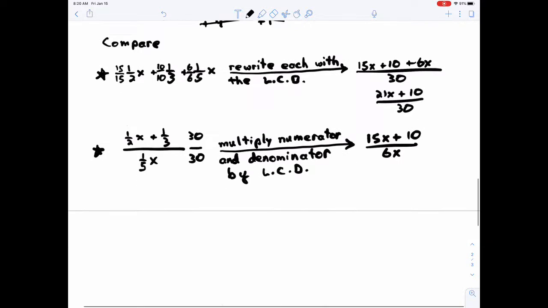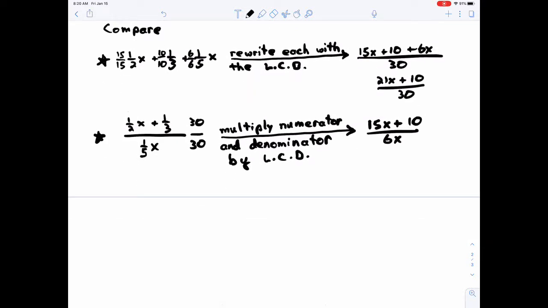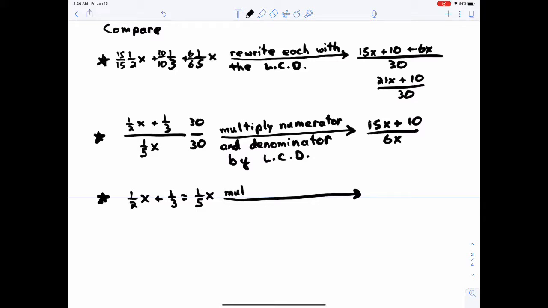Now, just so you know, eventually, in a few days, we're going to do this: 1/2 x plus 1/3 equals 1/5 x. Now, that's an equation, and that we can get rid of fractions entirely. So what you do is you multiply both sides, not top and bottom, but both sides of the equation by the lowest common denominator.